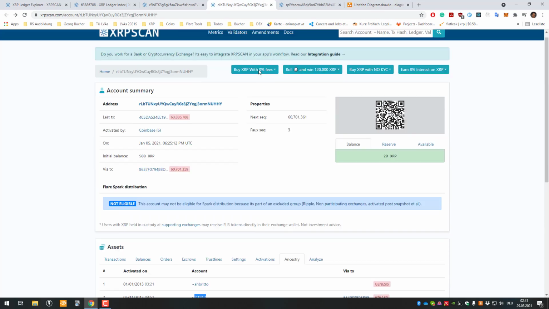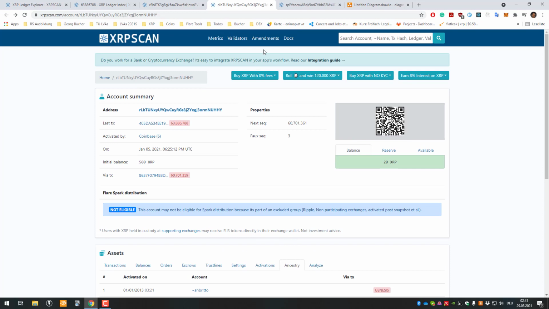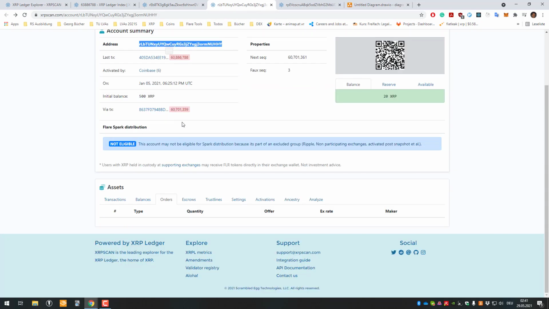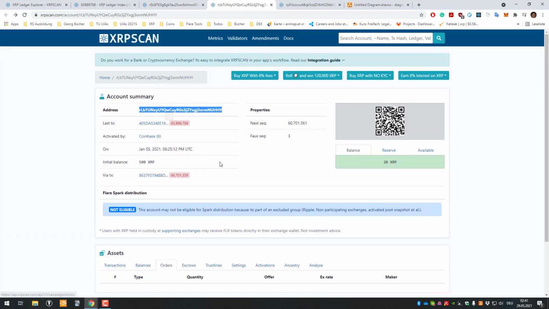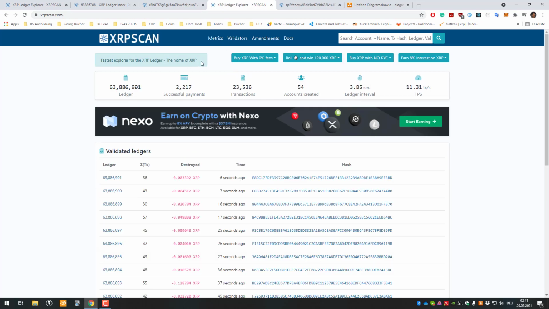You could tell people your address, but you're completely transparent. Whenever you tell somebody your address, they can just look you up. It's a public blockchain. This is generally true for most blockchains. There are some blockchains, like Monero, I think, or Zcash, which are completely private, but usually, like I said, the XRP Ledger is a public blockchain.